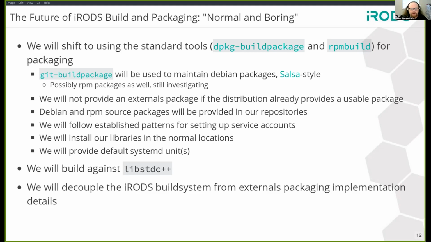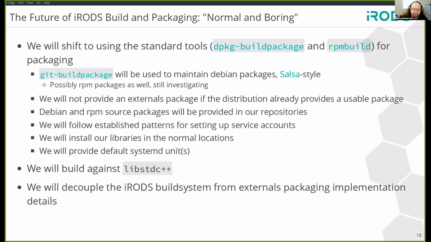We will provide source packages in our apt and RPM repositories, so they can be pulled down with the standard tools in the standard way. We will install our libraries in the normal locations instead of having everything in /usr/lib regardless of distribution. And we will provide default systemd units that can be overridden by the administrators piecemeal.